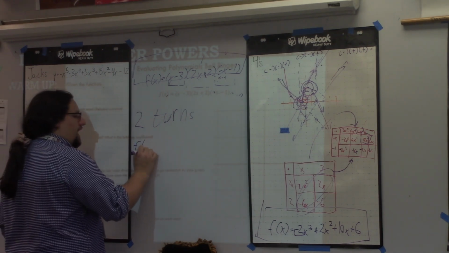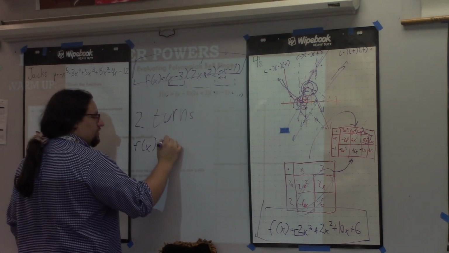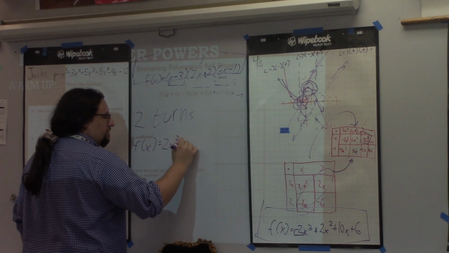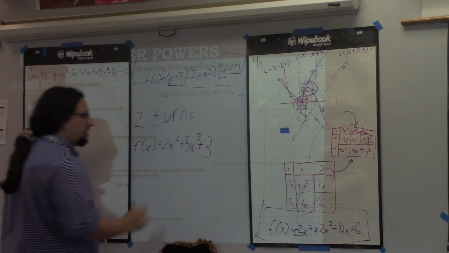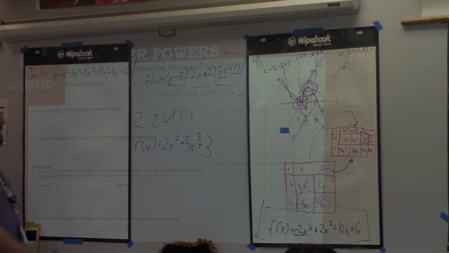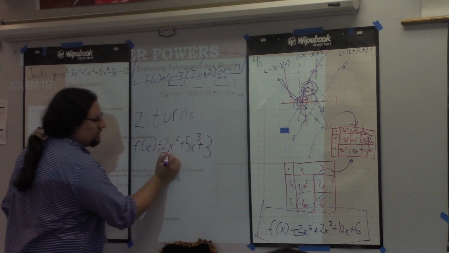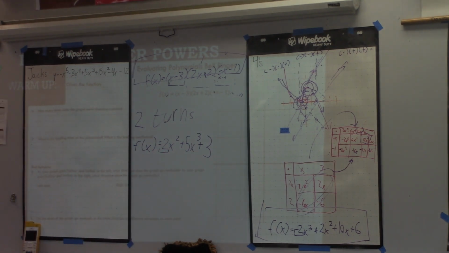So let me give you another example. If I wrote f of x equals 2x squared plus 5x cubed plus 3. Yeah, leading coefficient would be 2. Wait, or would it be the one with the highest power?